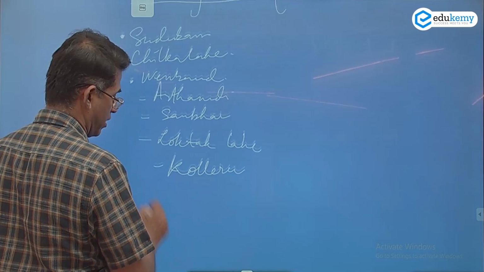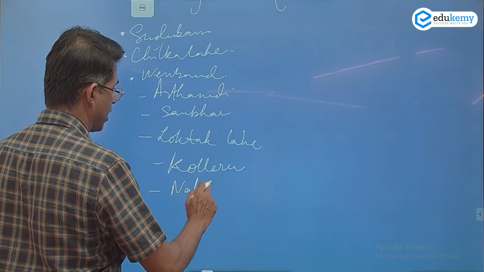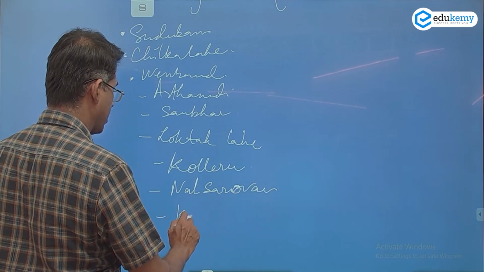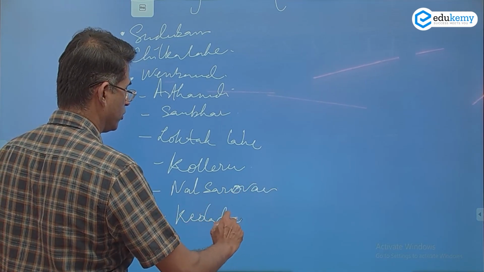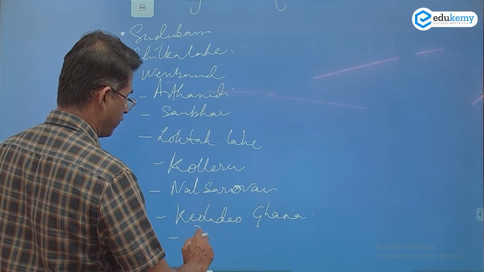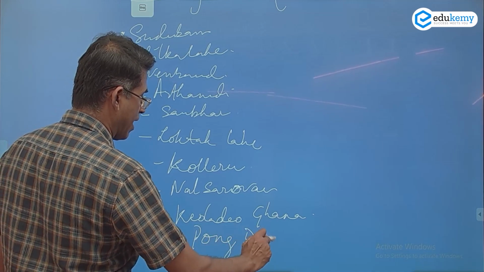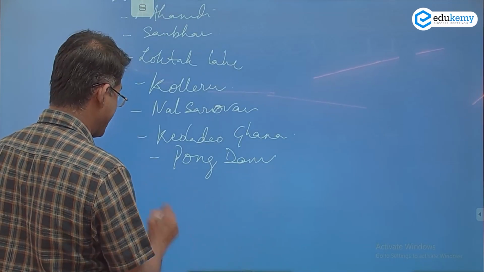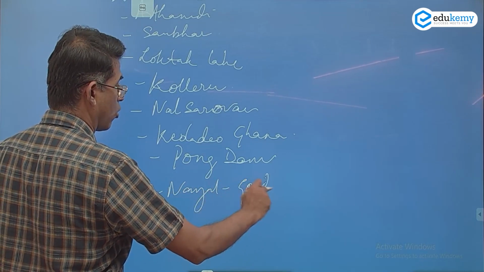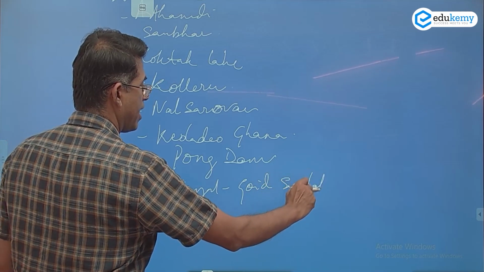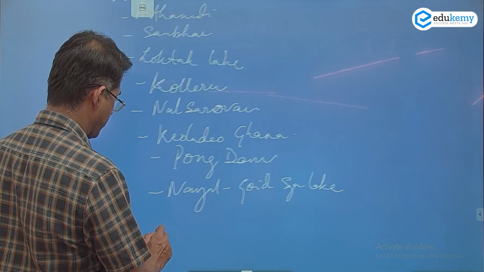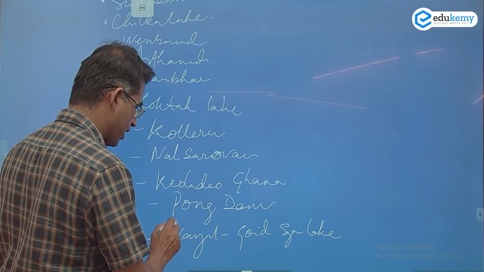You can add Nal Sarovar. Keoladeo Ghana in Rajasthan. We have Pong Dam. Nangal Govind Sagar Lake. We also have Bhoj Lake.